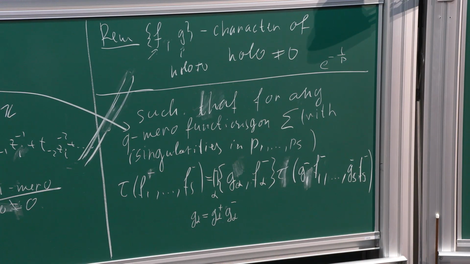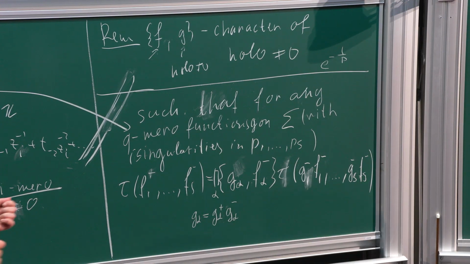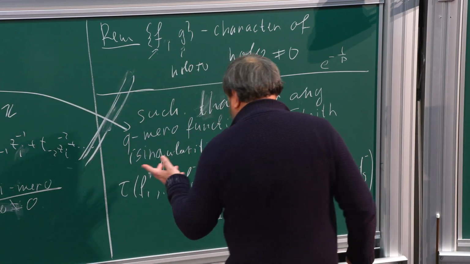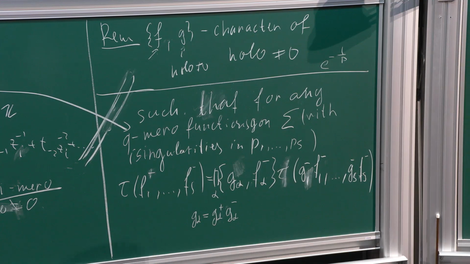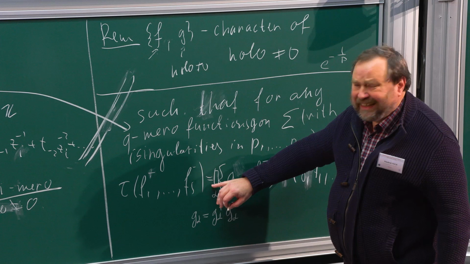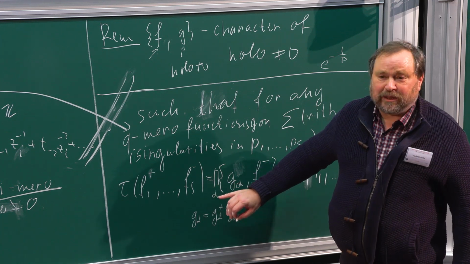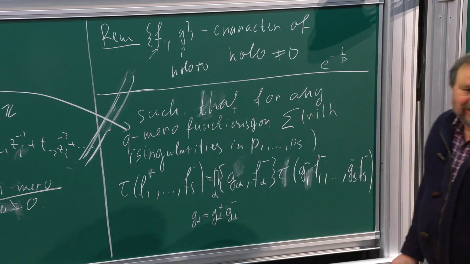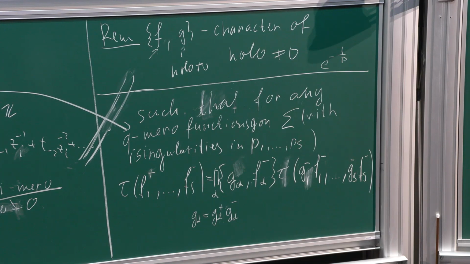And if you have two functions with minuses, the symbol is equal to plus or minus 1, actually. There is some sign here you need to write, and I don't want to speak about this sign because it will take too much time.